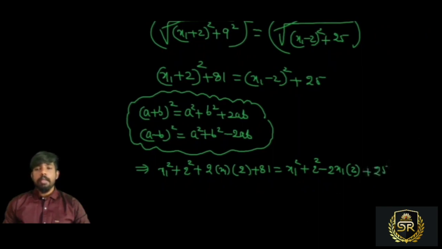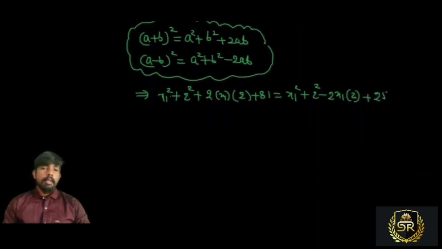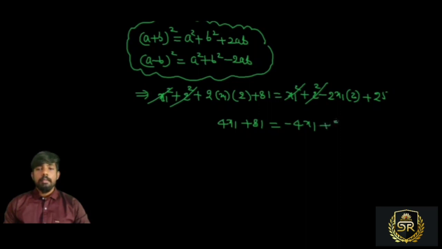Now x1 square cancels with x1 square, and 2 square cancels with 2 square. The remaining is 4 x1 plus 81 equals minus 4 x1 plus 25.